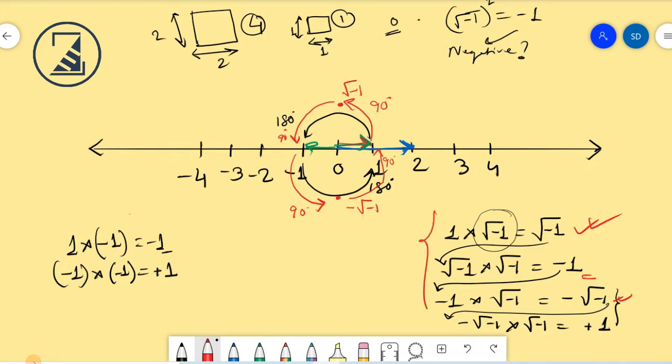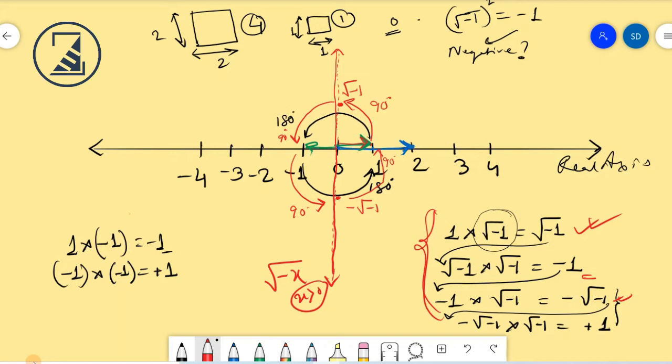If you do this kind of operation with all these numbers 2, 3, 4 and all the numbers on the real line, you will find another axis being formed perpendicular to this real axis, and on this axis all the weird kind of numbers with negative square root exist on this line which is perpendicular to the real axis.